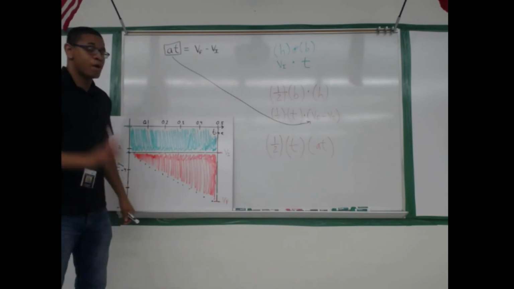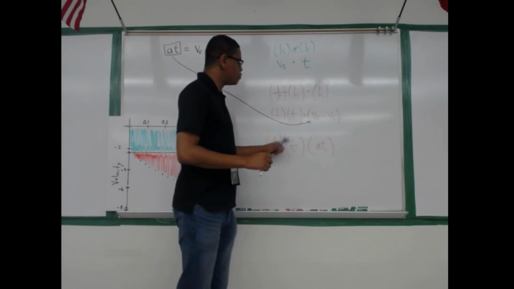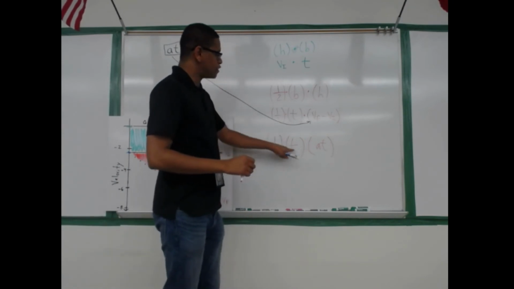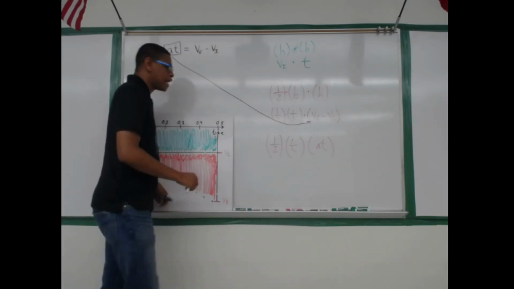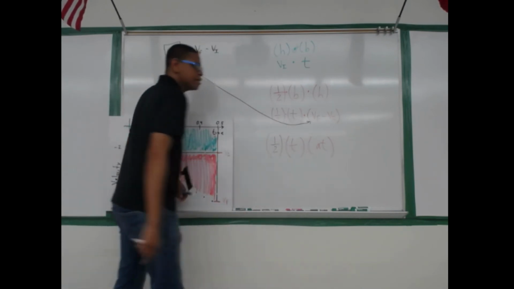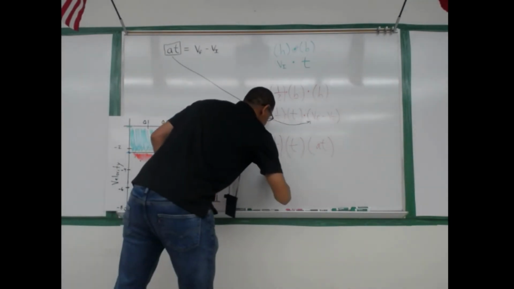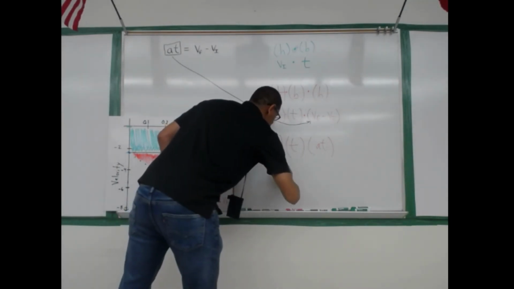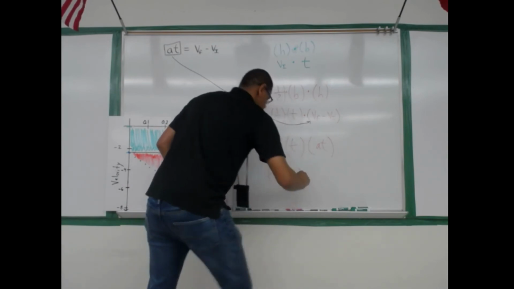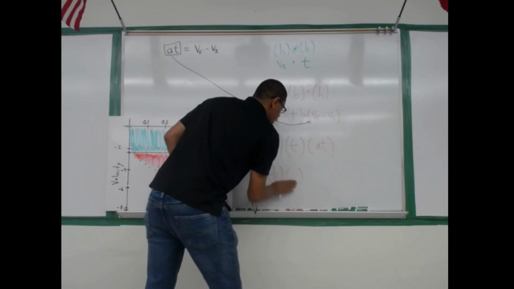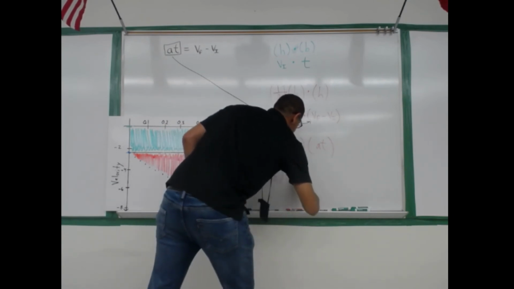Okay, now I'm almost done here. Because if you notice, I have a t here and I have a t here. If I multiply t times t, that gives me t squared. So this ultimately reduces to 1/2 a t squared.